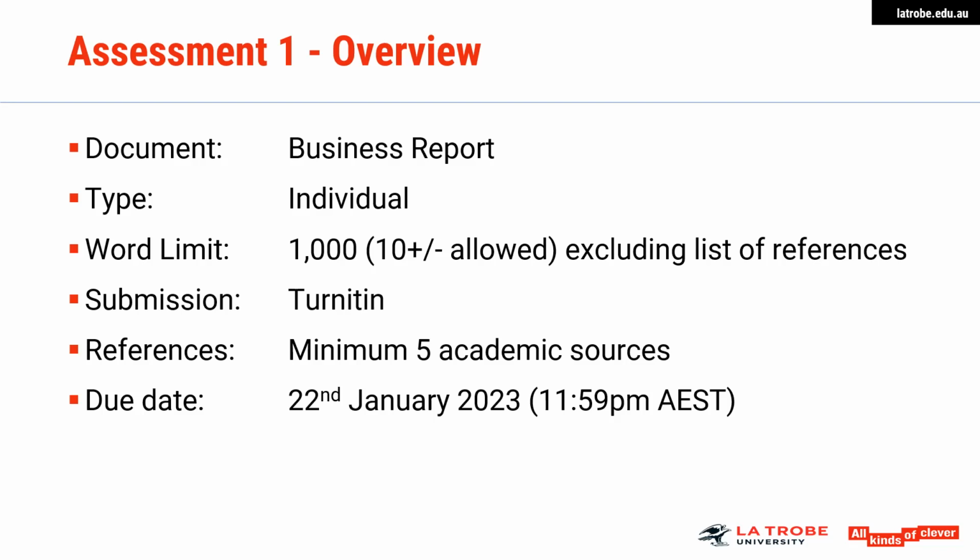You do need to submit this through Turnitin on the LMS, but I would suggest if you are able to complete a first draft this weekend to submit it to Studiosity during the week so that you can get some feedback on it before you complete your final assessment.